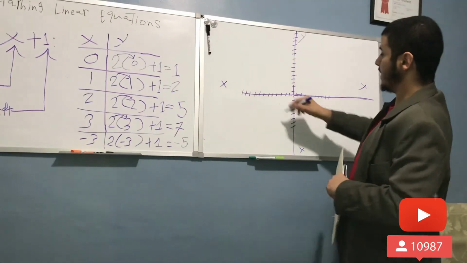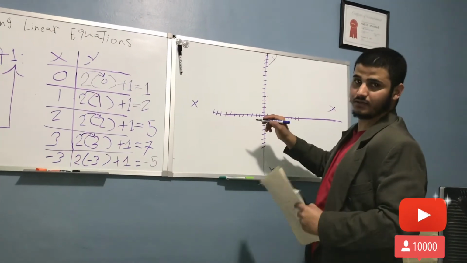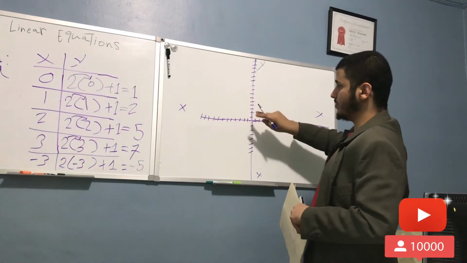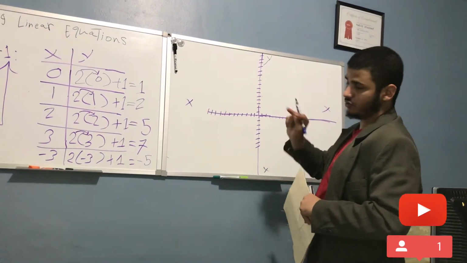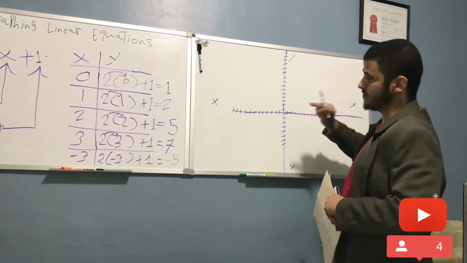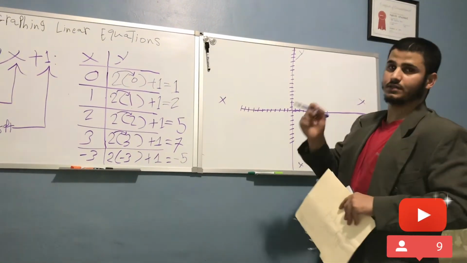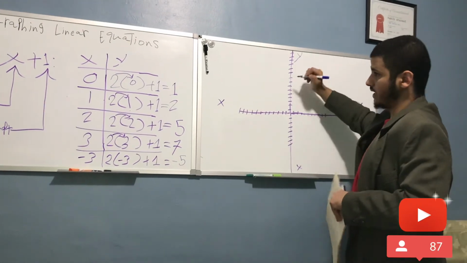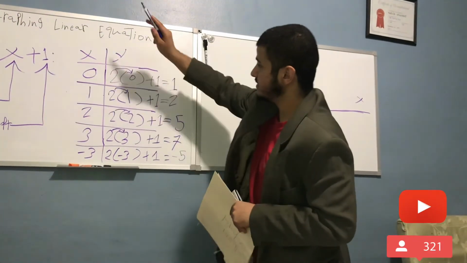This graph is actually the coordinate plane, to put the two variables and specify exactly what the point is. So in my case, that's the x-axis and that's the y-axis.